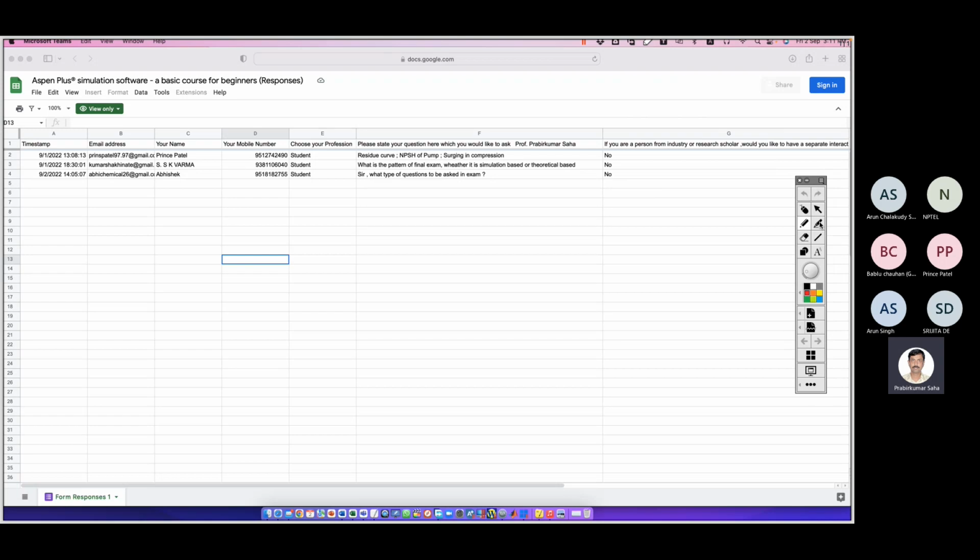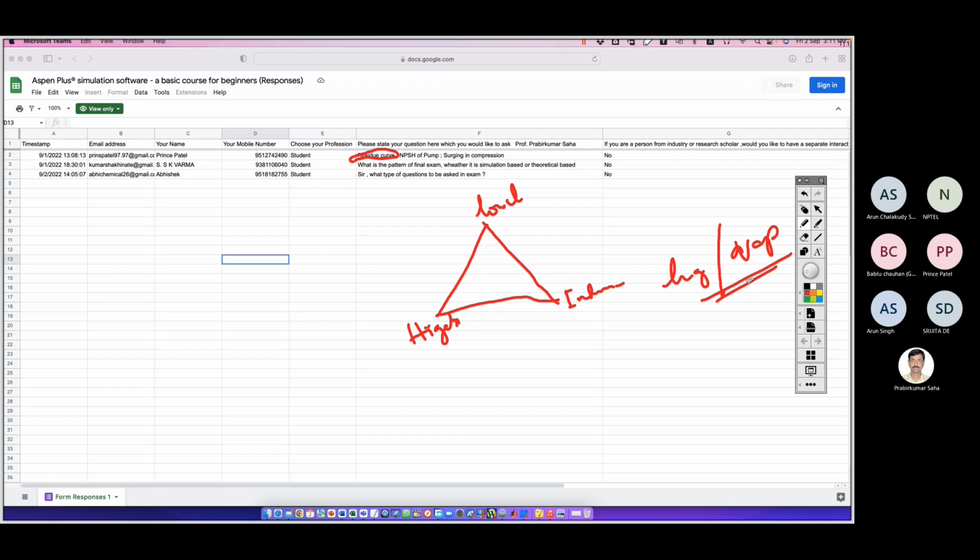Okay, for the timing, let us discuss the residue curve. Residue curve is something like, suppose there is a ternary mixture. Suppose you have the highest volatile component over here, and this is the lowest volatile component over here, and this is the intermediate volatile component. As you increase the temperature, then obviously the liquid will move to the vapor phase, right?